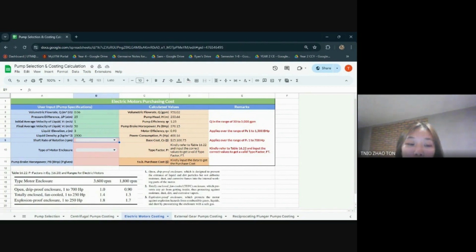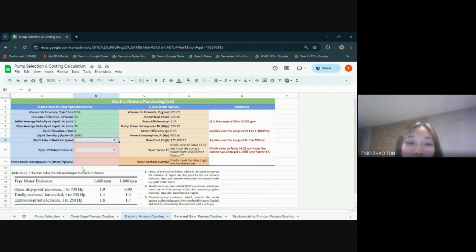So from here, we need to refer to the table 16.22, which is the type motor enclosure. So we can see that only open drip-proof enclosure is from 1 to 700 HP, while totally enclosed fan cool and explosion-proof enclosure, their maximum HP is only 250.